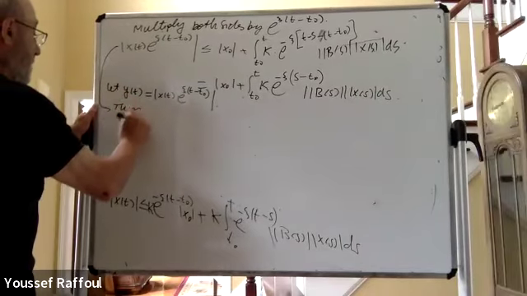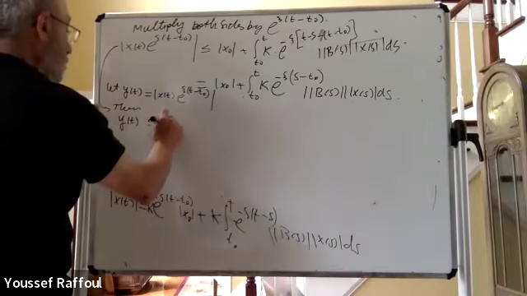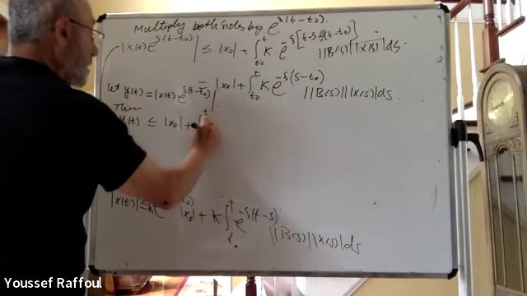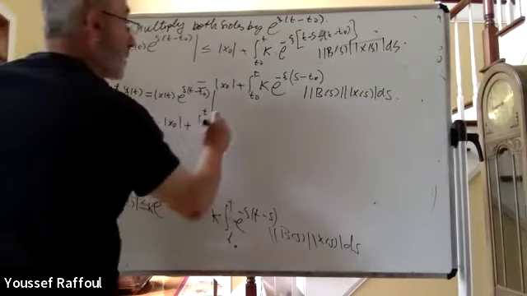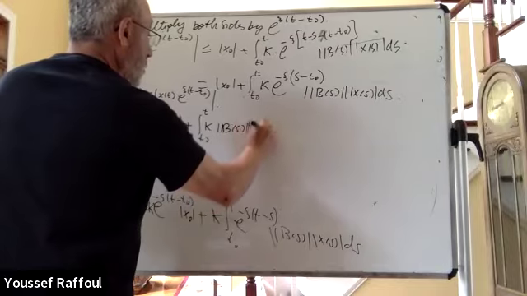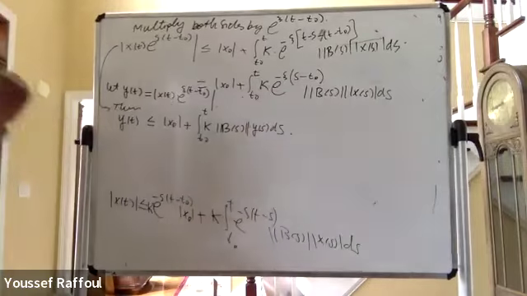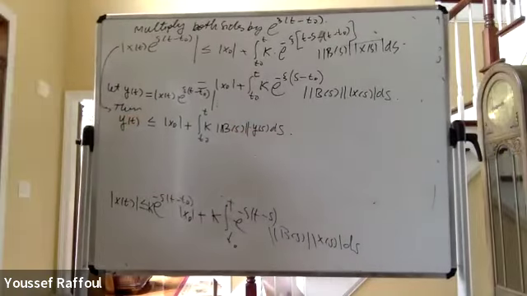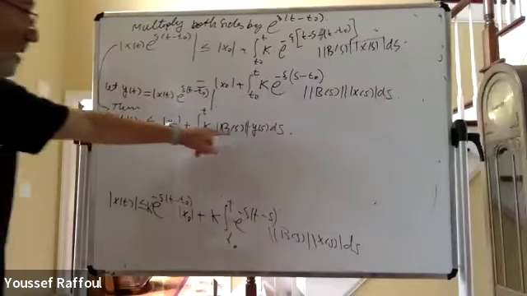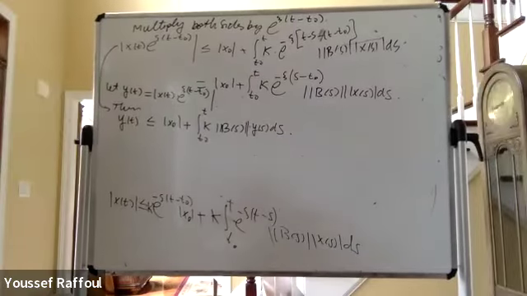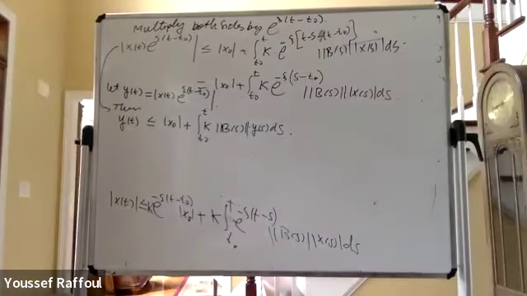Then this becomes y(t) less than or equal to x naught plus the integral from t naught to t of K b(s) y(s) ds. Now I can use Gronwall's inequality. I got y, I got y. So this is u, this is my v, and this is my u. You see what happened? Take a look at it in a second.